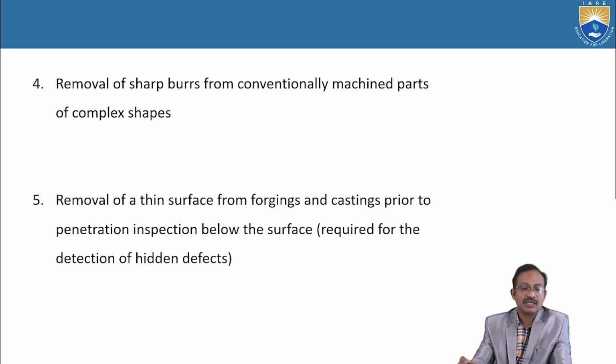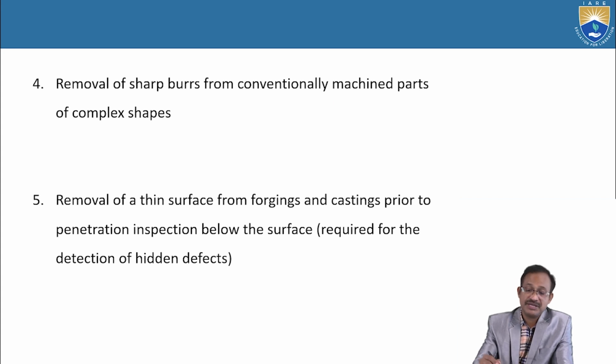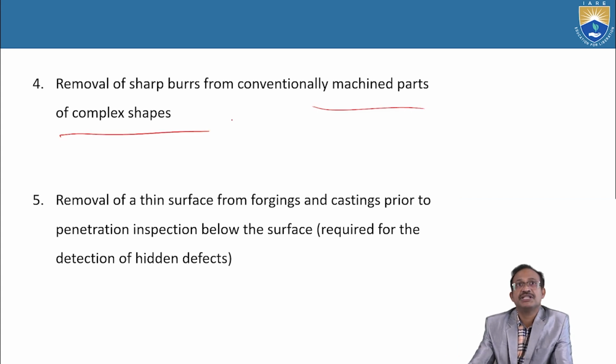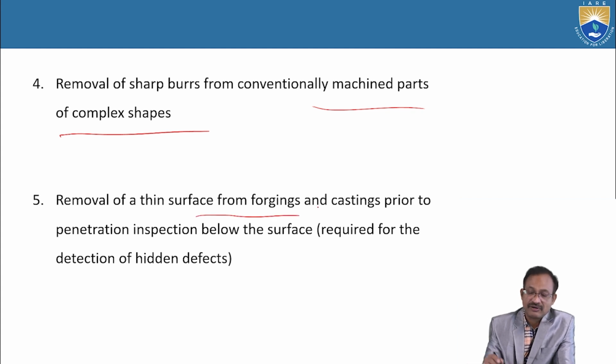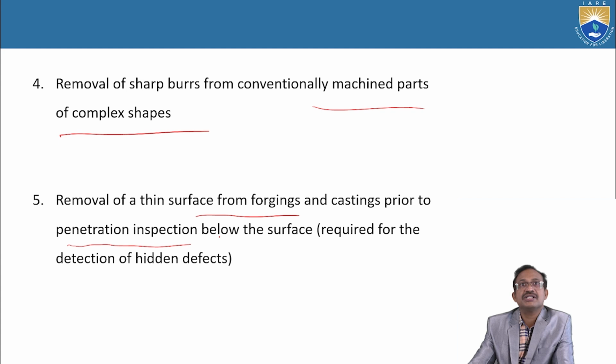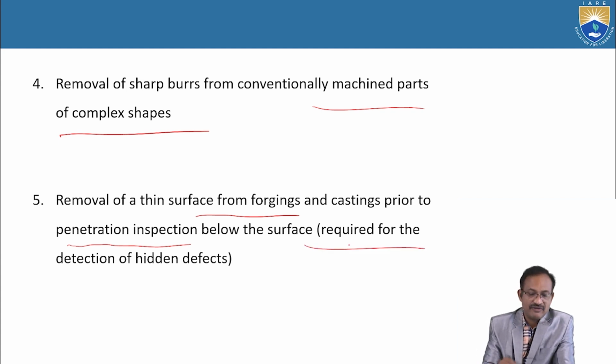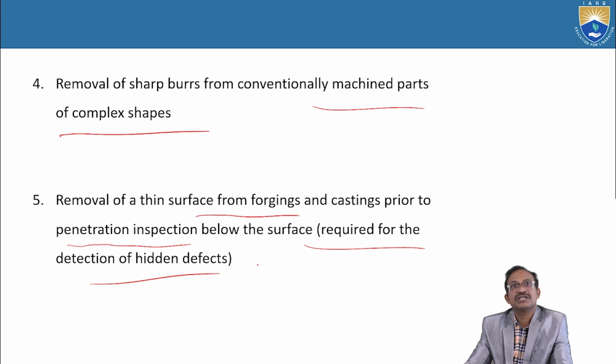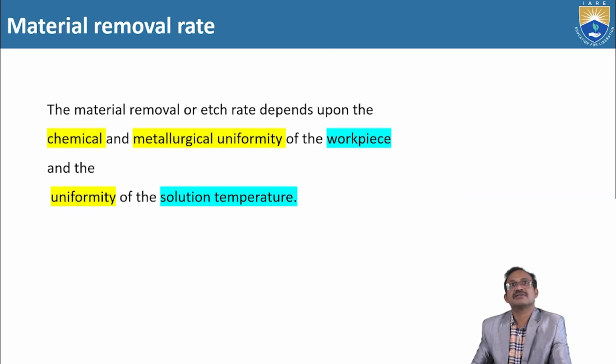Removal of sharp burrs from conventionally machined parts of complex shapes. Removal of a thin surface layer from forgings and castings prior to penetrant inspection below the surface, required for the detection of hidden defects.